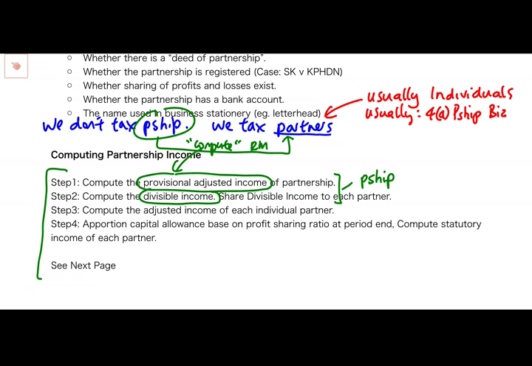Literally, it is the income that you divide back. That's why it's called divisible income. You are going to take that divisible income and give it back to each of the partner. Then from there, we will get to this figure called adjusted. And then from the adjusted, we will need to apportion the capital allowance in order for us to get the statutory. So apportion the CA to get the statutory. Now, how do we do that? Okay, so I'm going to go to the next page.